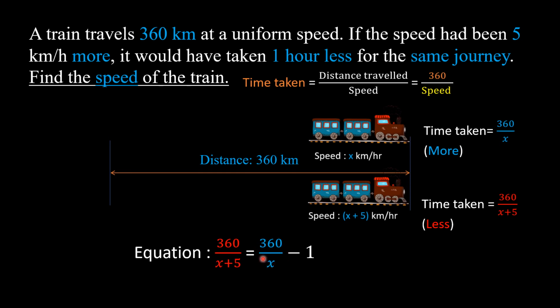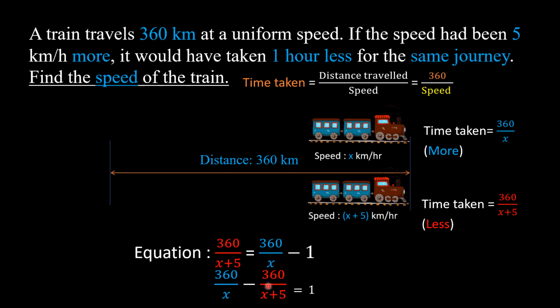So this is the usual time. That means when the train was moving at x kilometers per hour. So this we will rewrite as 360 divided by x. We will bring this 360 divided by x to the left hand side. So it will become minus 360 divided by x plus 5 equals 1.